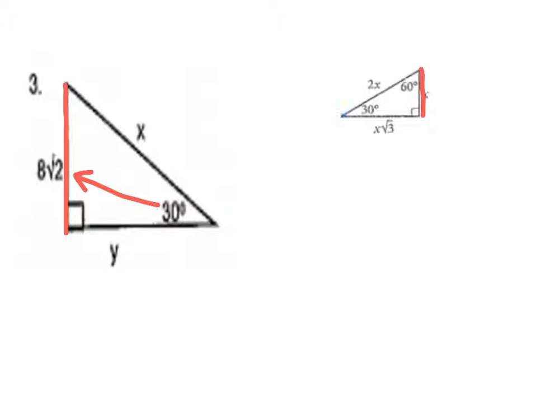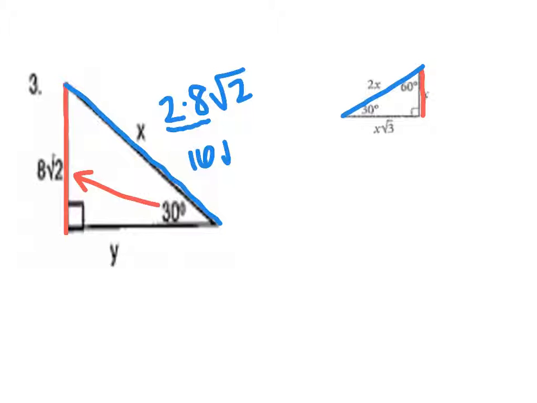The hypotenuse is 2 times x, and x is 8 square root 2. When you multiply square roots, you multiply your coefficients together. So 2 times 8 is 16, and then square root 2 has nothing to multiply with, so that's your hypotenuse.